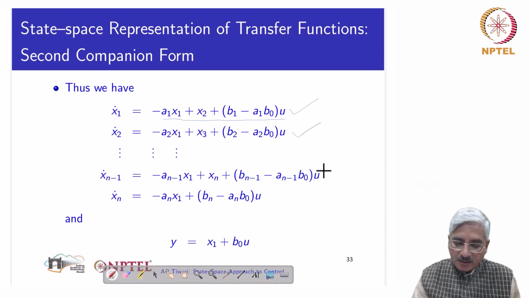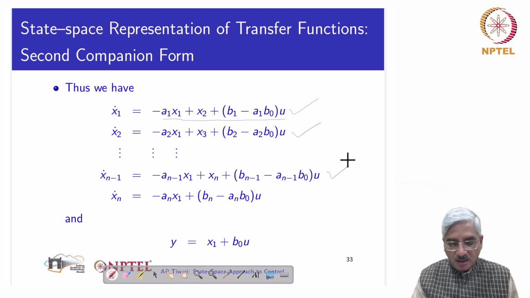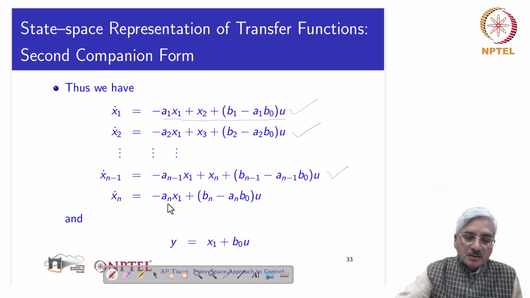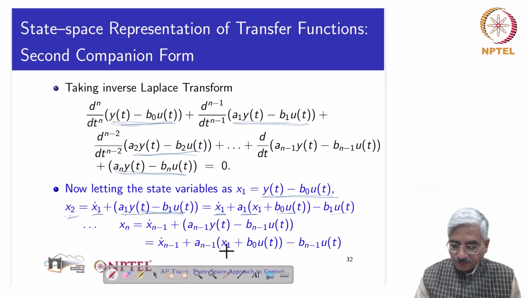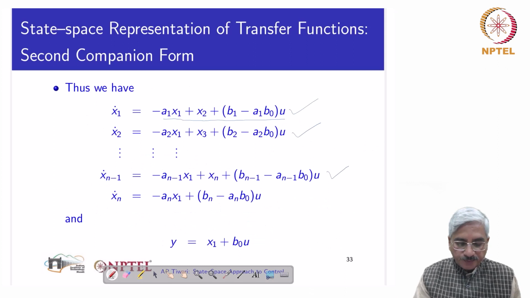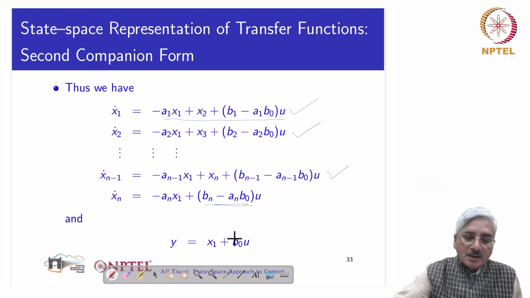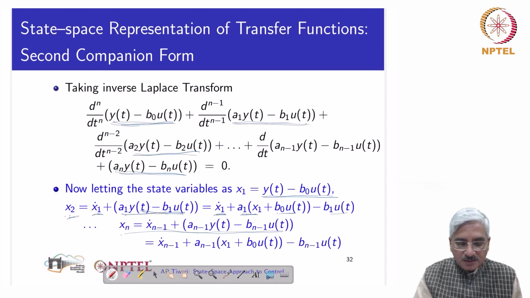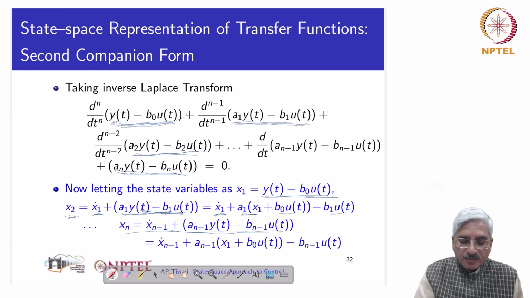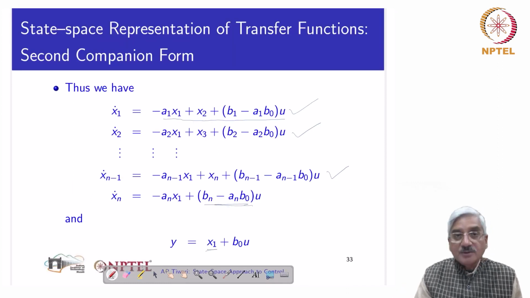Similarly x2 dot, and so on up to x(n-1) dot, and xn dot follows from here. It gives minus an x1 plus (bn minus an b0) u, and of course the y we identified is from this. This was identified as x1, so we have y(t) equal to x1 plus b0 into u.